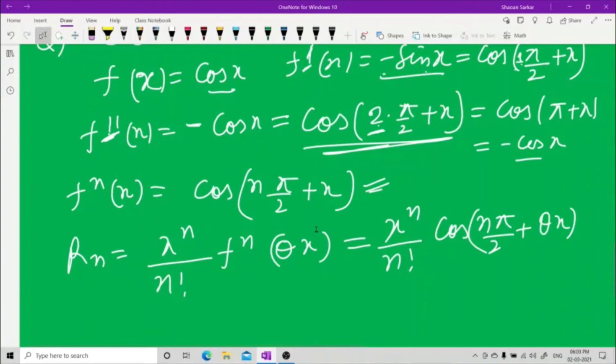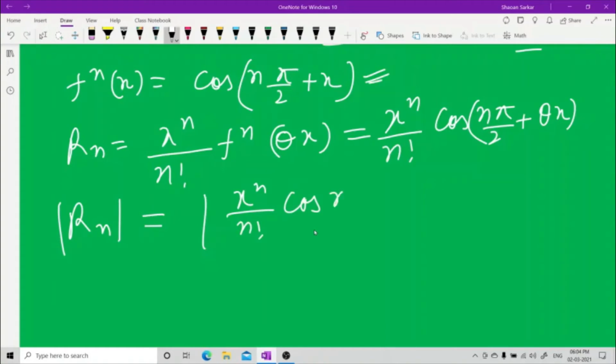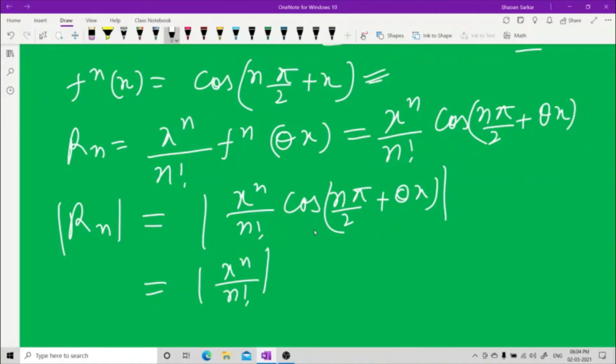Now see one thing, you take mod Rn. So mod Rn is mod of x to the power of n upon n factorial cos (n pi by 2 plus theta x), and then this is equal to mod x to the power of n upon n factorial times mod cos (n pi by 2 plus theta x).